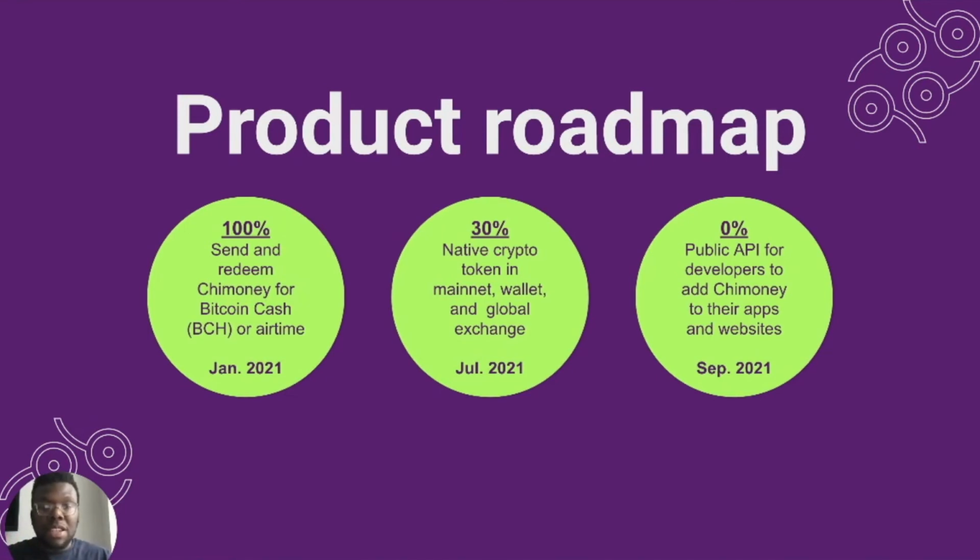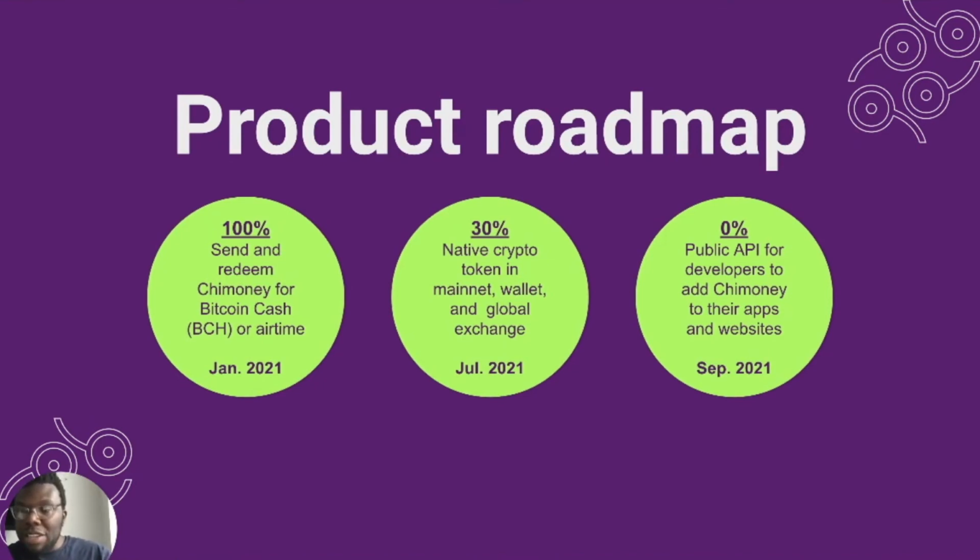It's already on testnet for now, but we want to have it on mainnet and make it super easy by having an in-app web wallet, so we don't have to switch to a different context while redeeming or managing Chimoney. It's all going to be non-custodial. And also we want to establish an easier way to exchange Chimoney for other cryptocurrency.